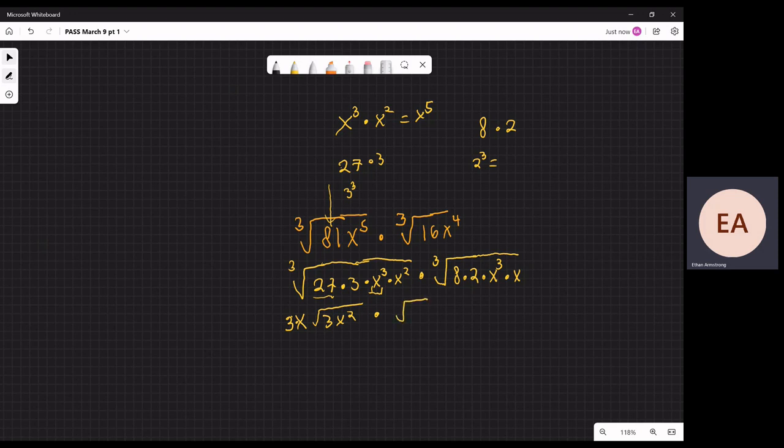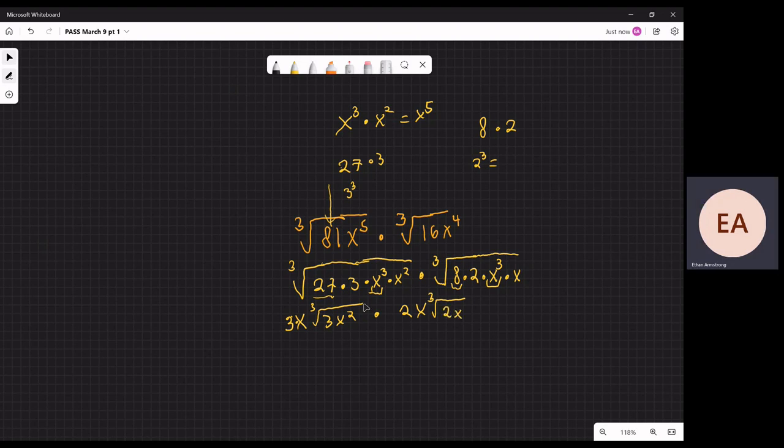We can take the cube root of that 8. Cube root of 8 is 2. And then we can also take the cube root of this x cubed as well. So we'll have 2x, and we will be left with, don't forget the cube root there, 2x.